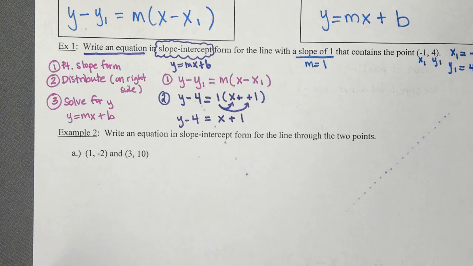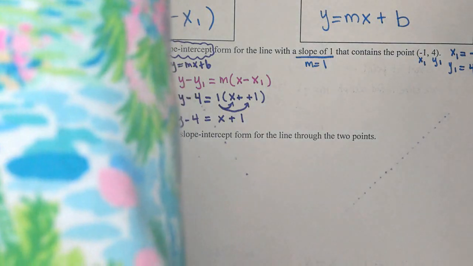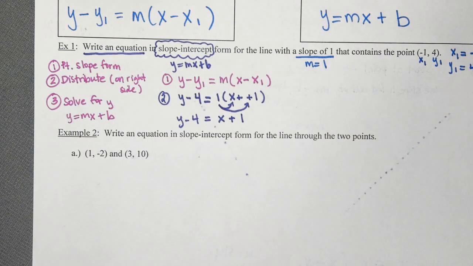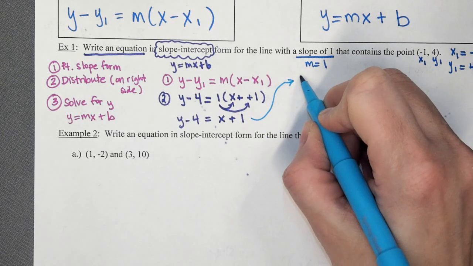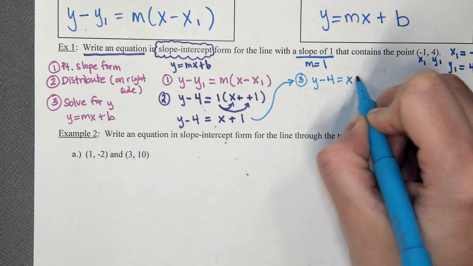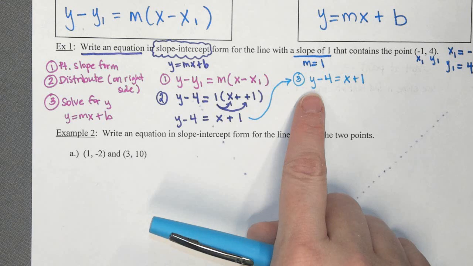Okay, and then you only have one more step. So some of you are going to be able to do that step without me. I ran out of room there, so I'm going to go to step 3 over here.